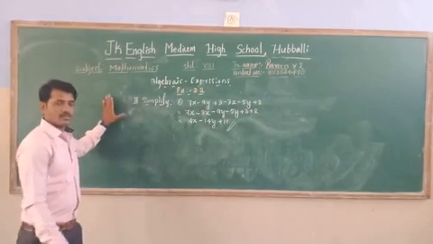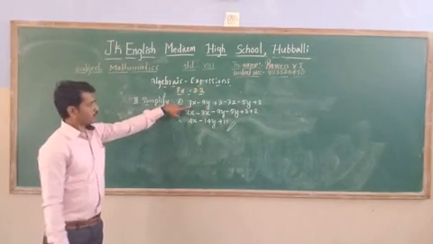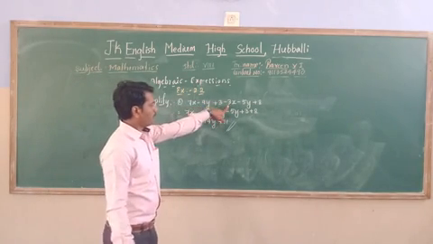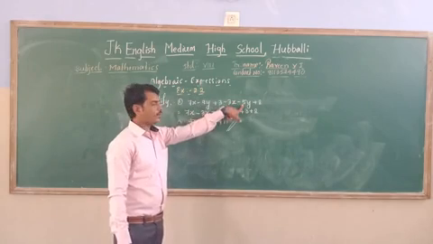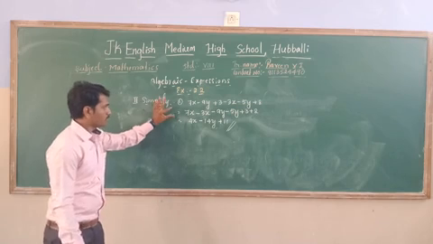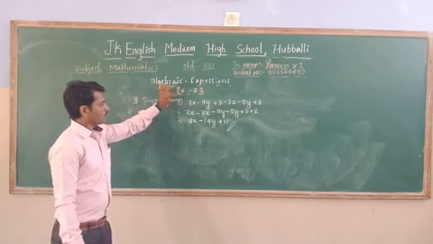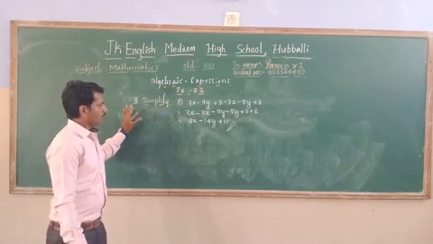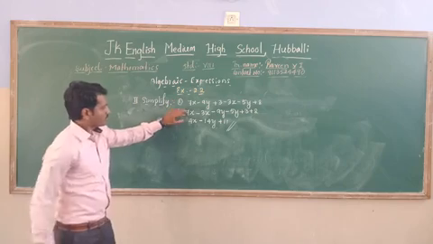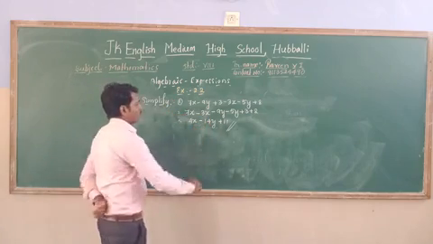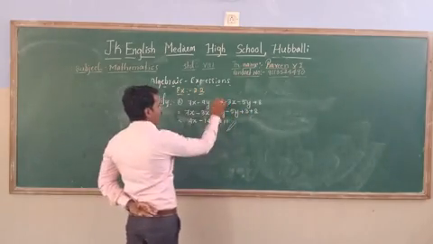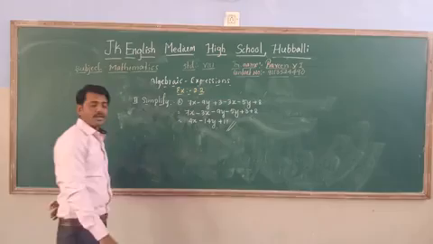So once again I explain. Listen carefully. 7x minus 9y plus 3 minus 3x minus 5y plus 8. Step number 1 is to separate the terms according to like terms: 7x minus 3x, next minus 9y minus 5y, plus 3 and plus 8.